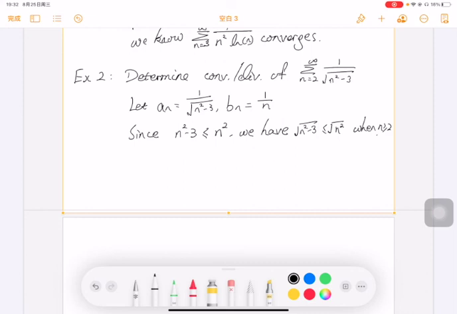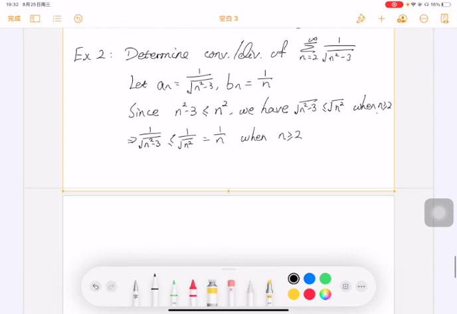Now, if you put this in the denominator, a larger denominator means a smaller number. Therefore, 1 over the square root of n squared minus 3 is larger than or equal to 1 over the square root of n squared, which equals 1 over n, when n is larger than or equal to 2.